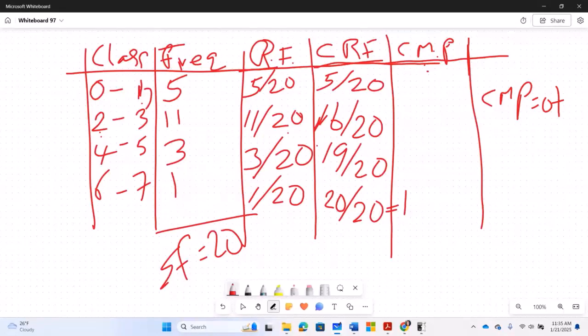Like if I'm talking about the first class, the lower limit is 0, upper limit is 1, divided by 2. Therefore, the class midpoint of the first class is 1/2 or 0.5.